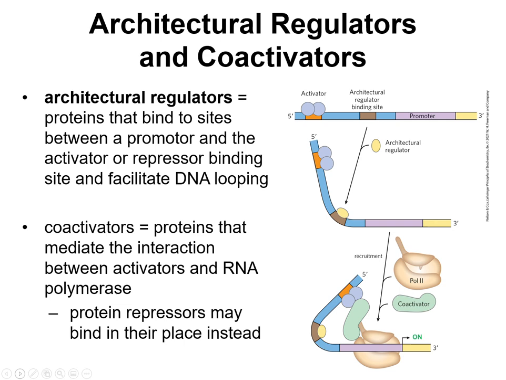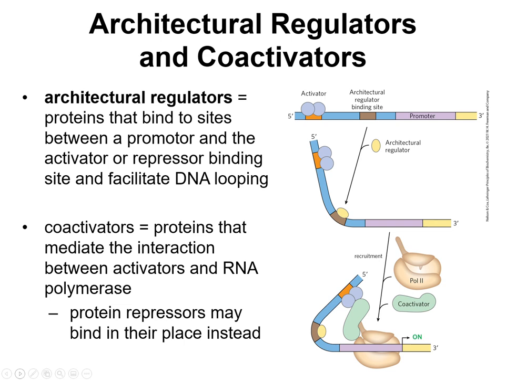So they change the structure of the DNA, and it brings sites together that normally wouldn't be together. There's also co-activators, which are proteins that mediate the interaction between activators and RNA polymerase. So as you can see, the plot thickens. Protein repressors may bind in their place instead to make it so that you can't have that interaction between RNA polymerase and activators.